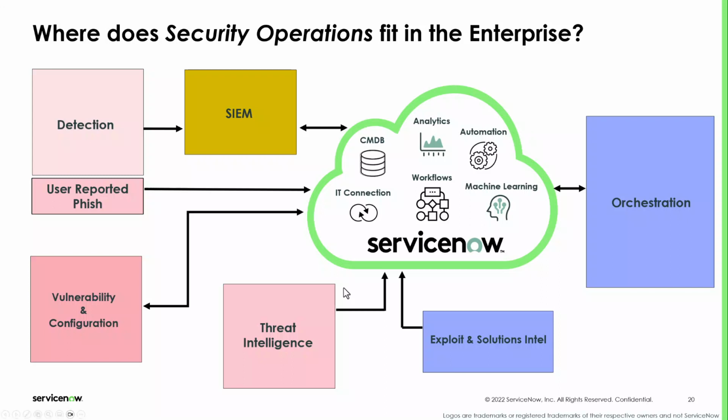One thing I really want to highlight on this slide is that you'll see specifically with vulnerability and configuration information that these arrows go bidirectionally. So ServiceNow is not just using your existing investments as a source of information, but they are fully integrating with those solutions.